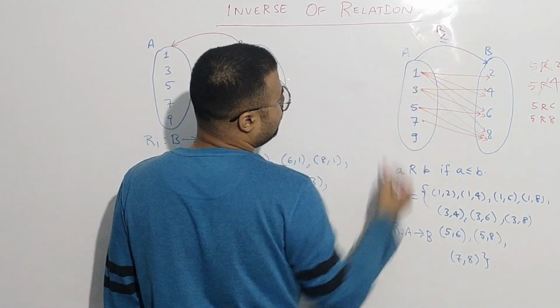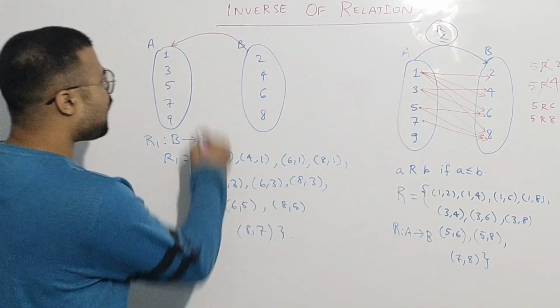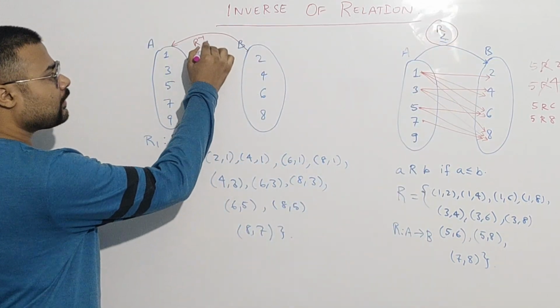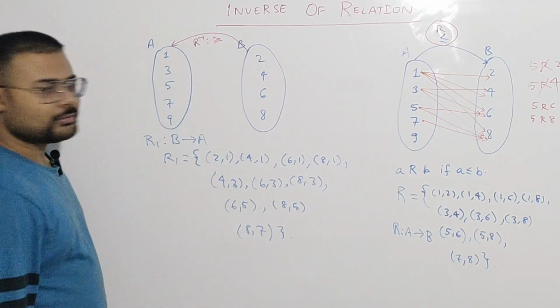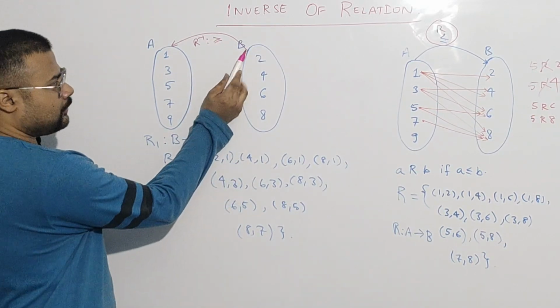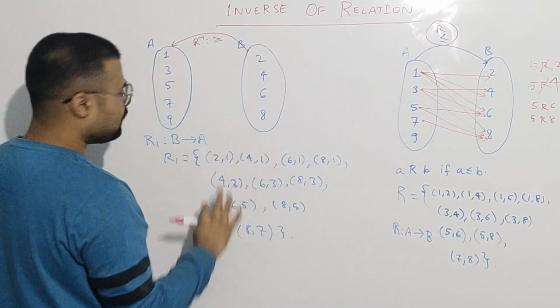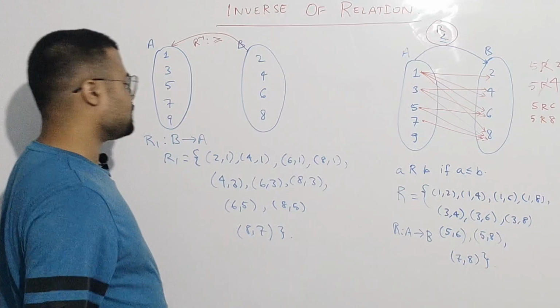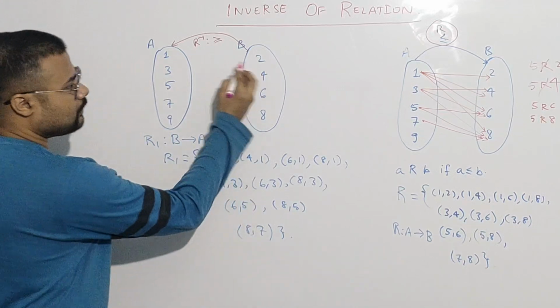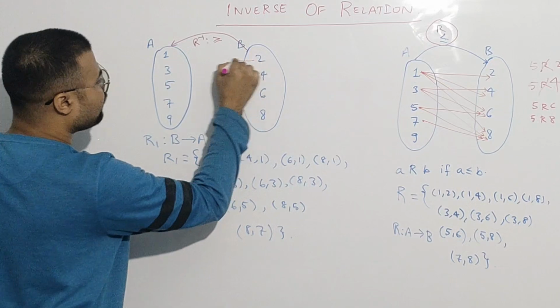If R is less than or equal to, then R inverse is greater than or equal to. Only the elements are interchanged. So here 1 is related with 2, here 2 is related with 1.